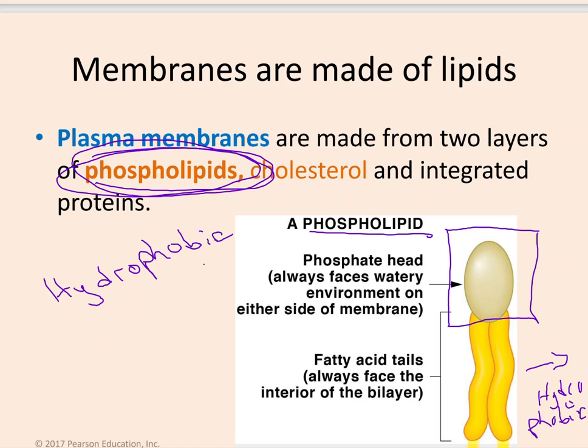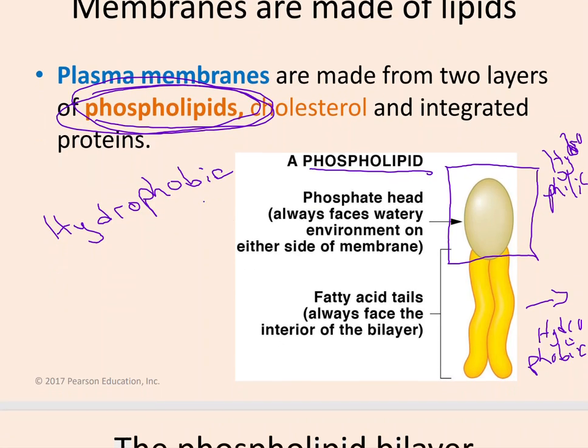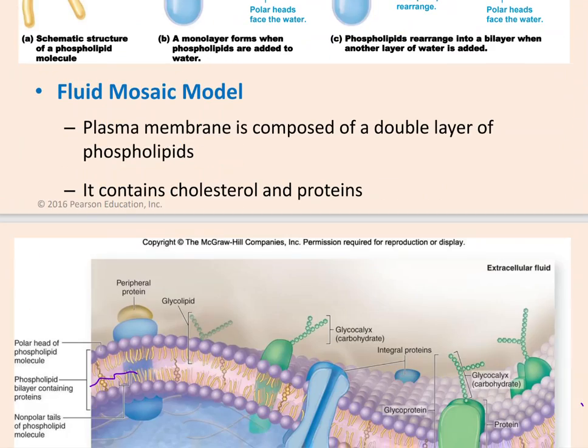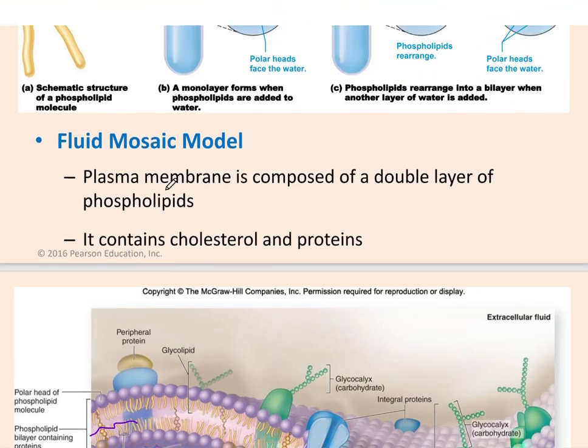However, the head is actually hydrophilic, which means that it does mix with water. This is going to be important because we're going to see how the plasma membrane will form a nice little bilayer due to the hydrophilic and hydrophobic functions of the phospholipids. So let's scroll down here to the phospholipid bilayer.